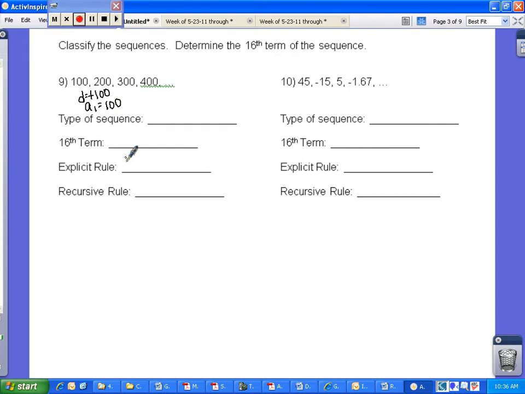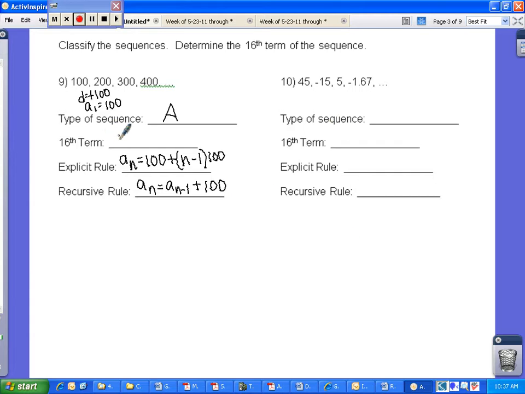So your explicit rule, since this is arithmetic, is a sub n equals the first term, 100, plus n minus 1 times the common difference of 100. Okay? Recursive rule is to take the previous term, which is a sub n minus 1, and add 100.